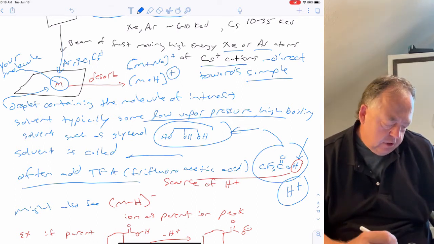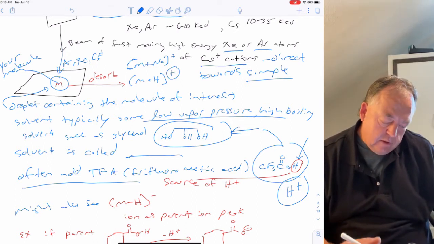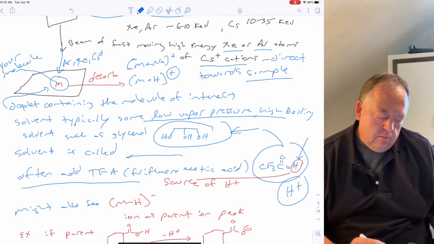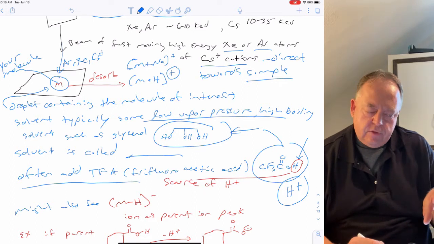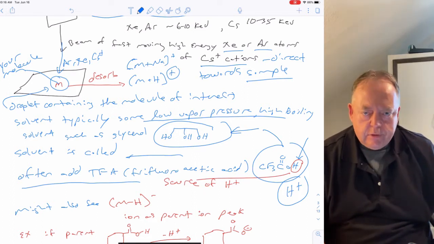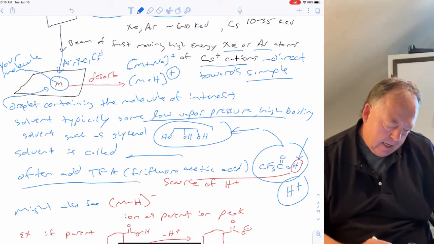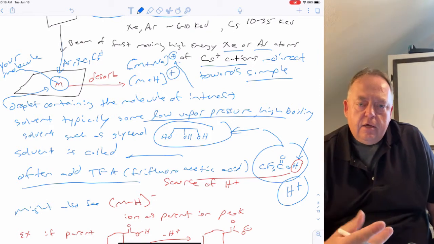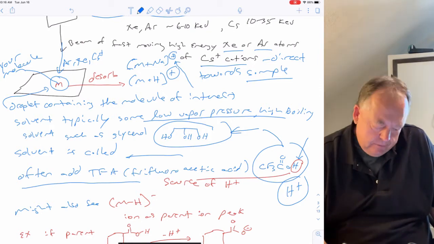So when the molecule desorbs from the surface, it may take a sodium ion with it. So then you would have your molar mass plus a sodium. So if your compound had a molar mass of 1,000, then now it has a mass of 1,023 because of the sodium. But the point is it's charged, and now that it's charged, you can accelerate it in a mass spectrometer.